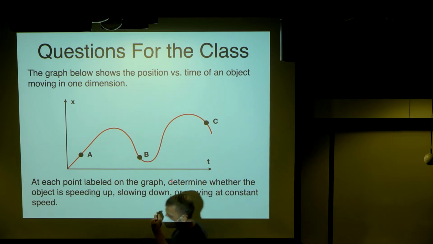Are we speeding up, slowing down, or just moving at a fixed speed? This basically means at each point, you want to see if velocity is positive or negative, and acceleration is positive or negative.